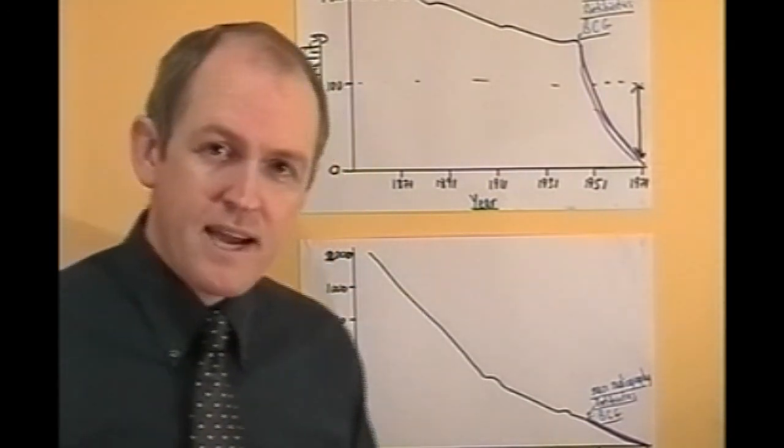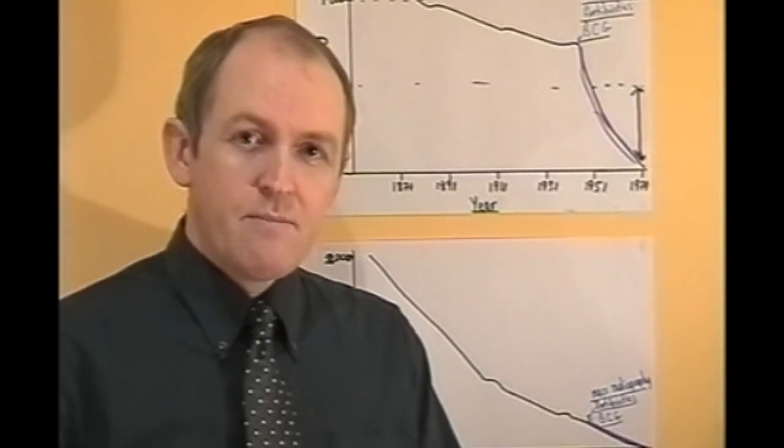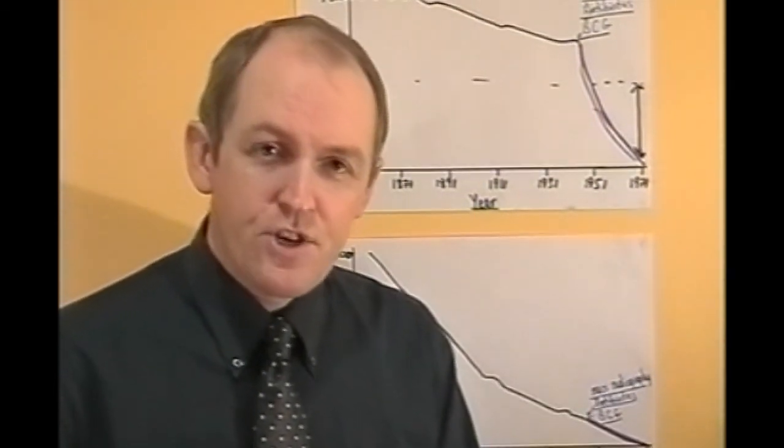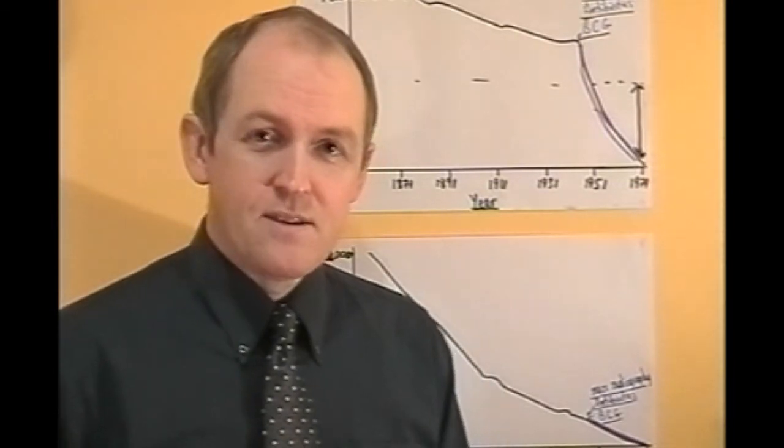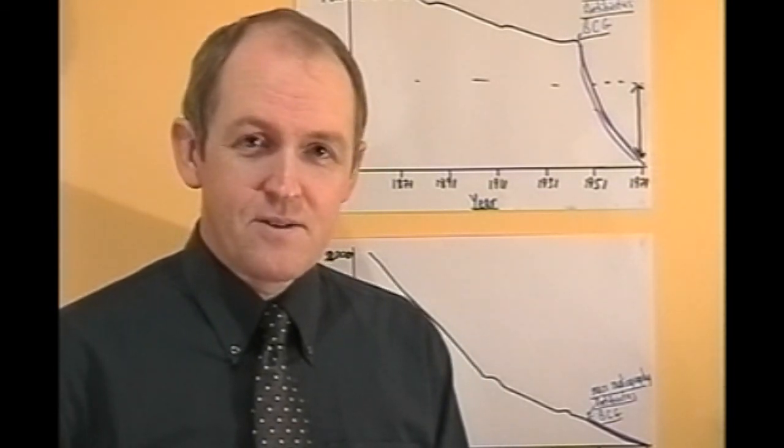Because of improvements in housing, because of improvements in education, because of improvements in nutrition. It's the way people live, very often, that is the main determinant in how healthy they are going to be.